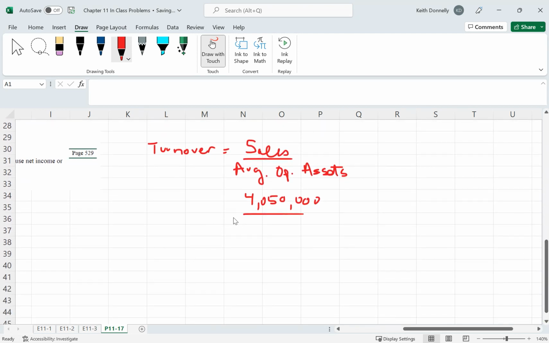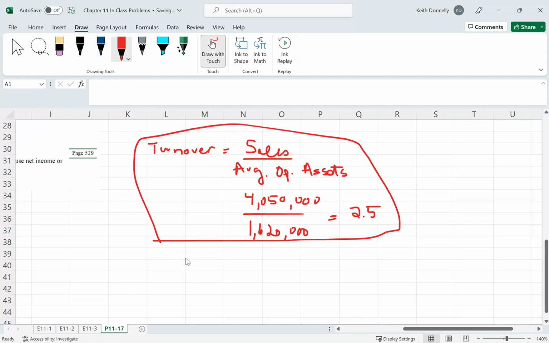So when we run the numbers on that, our sales over our average operating assets, we're looking at 2.5 for our turnover.